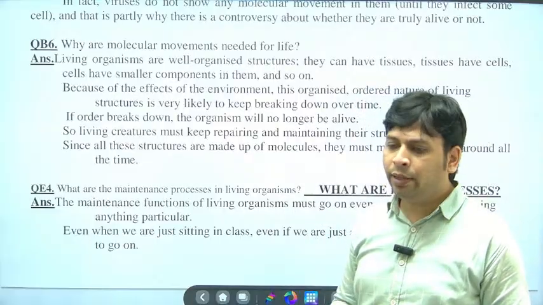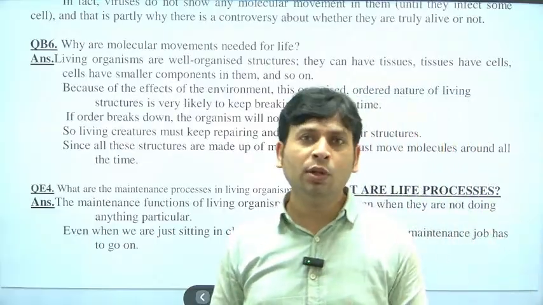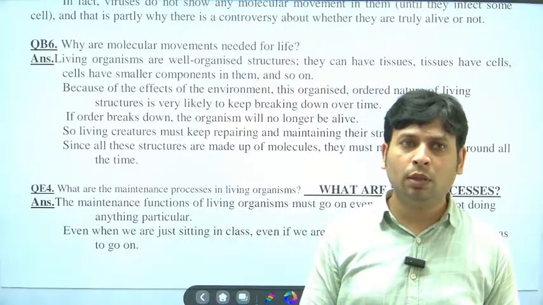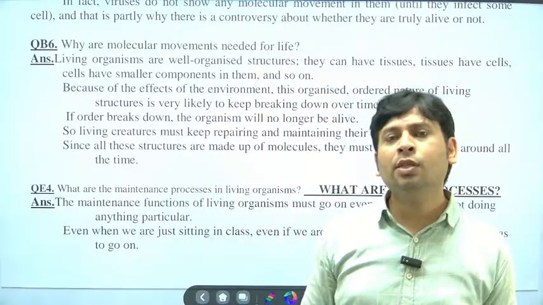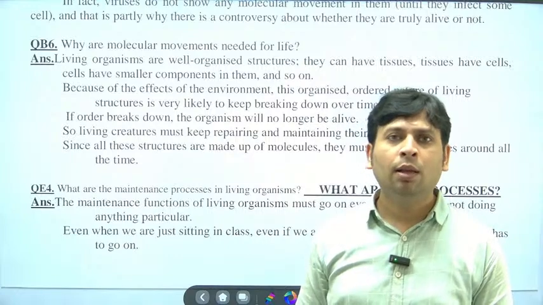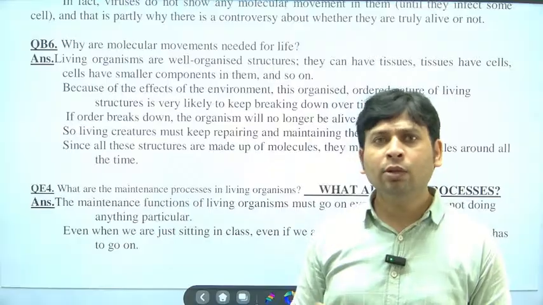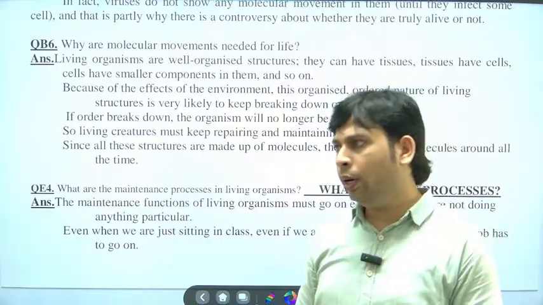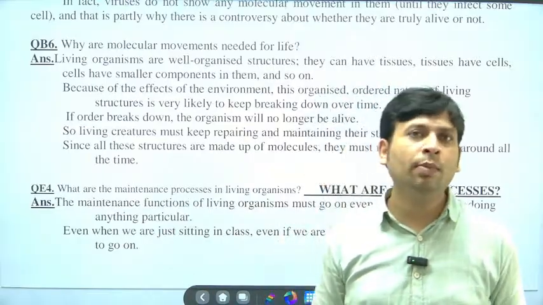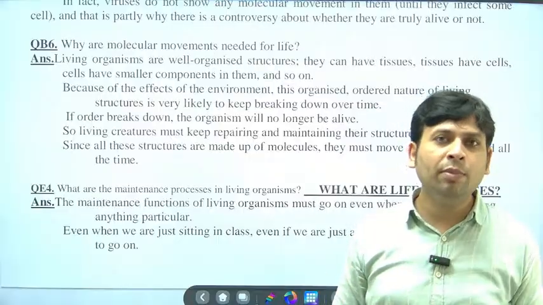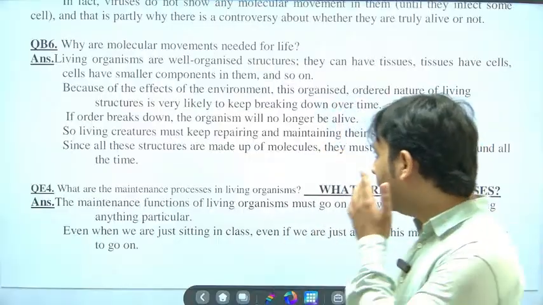Body organization in some organisms is only at the cell level, in some at the tissue level, and in some at the organ system level, and so on. So different types of organisms and different types of parameters are involved in this case.